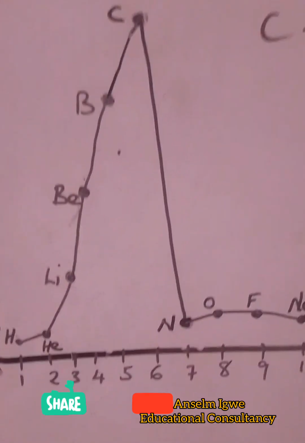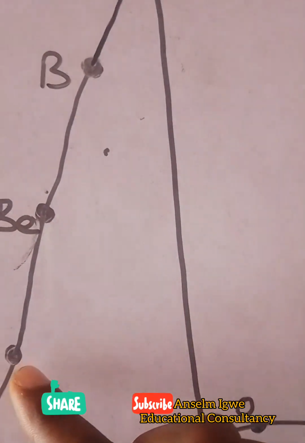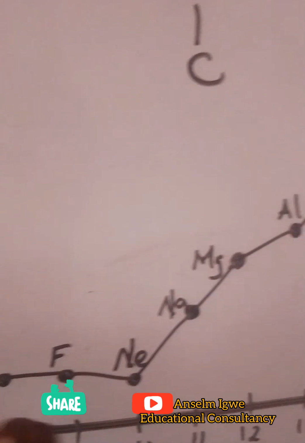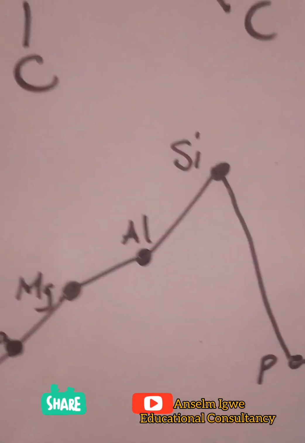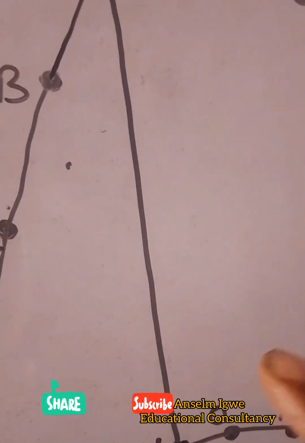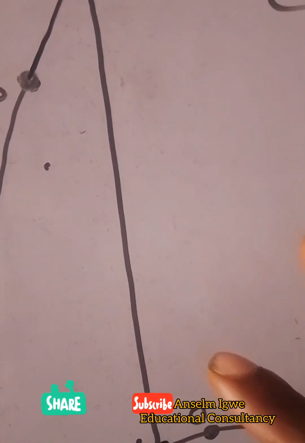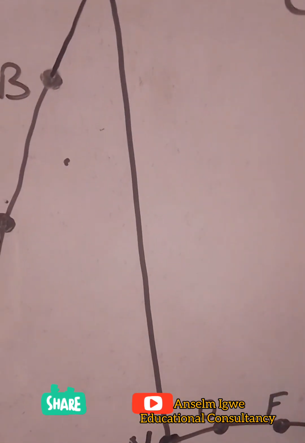So that is that. You see that the same pattern repeats here, but note down the group. In group 1 elements, you observe that the melting point gradually decreases. Lithium to sodium to potassium, a gradual decrease because of the unique characteristics of group 1A elements. Down the group, the atomic size increases and the outermost shell electron is just 1, and it moves far as you go down the group.